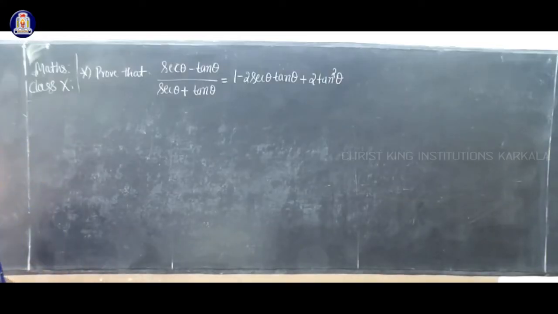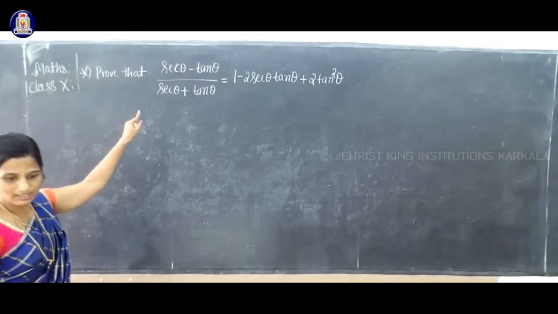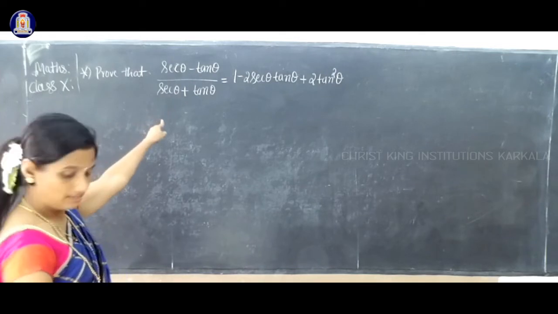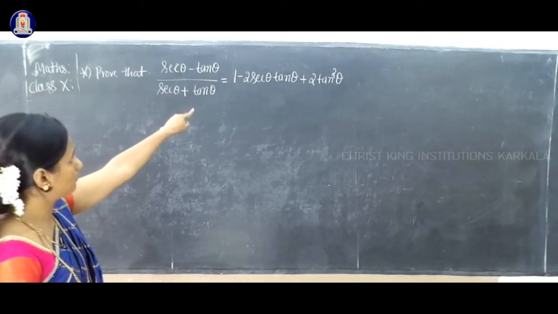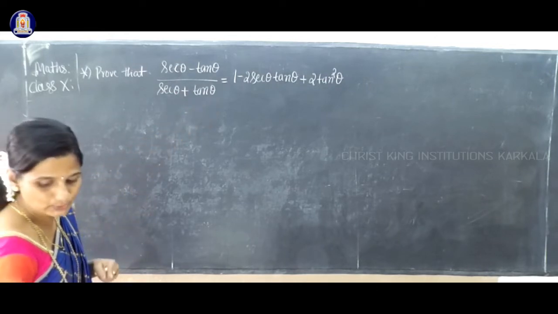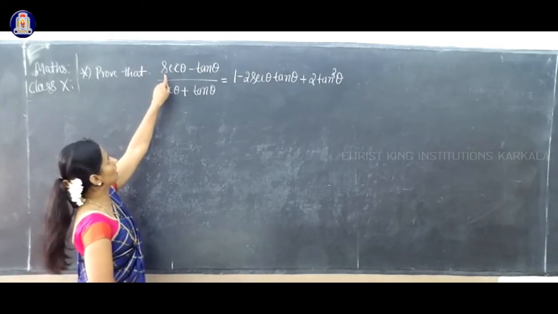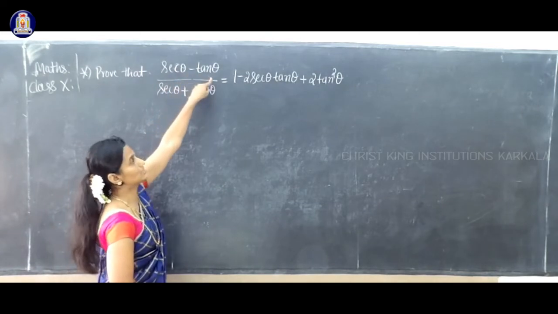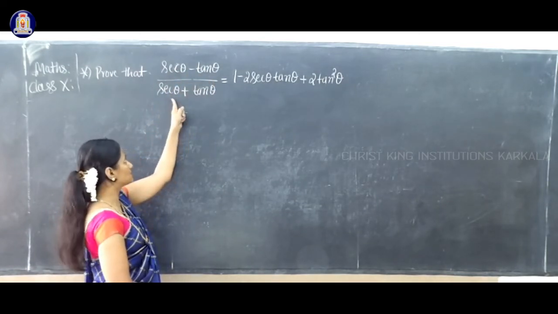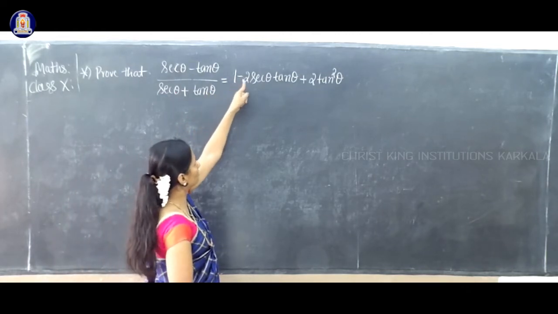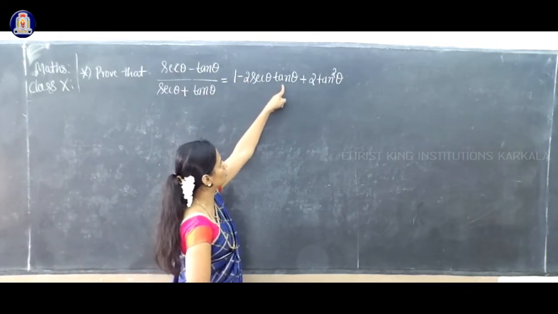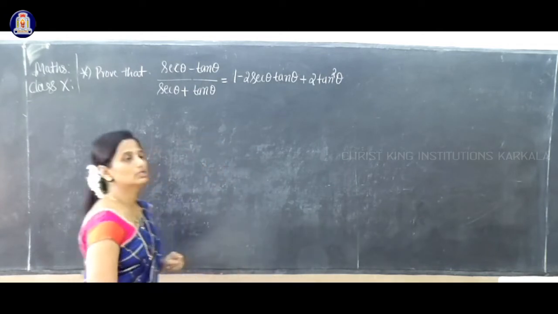Next question. Prove that (secant theta minus tan theta) divided by (secant theta plus tan theta) is equal to 1 minus 2 secant theta tan theta plus 2 tan square theta. See, prove that (secant theta minus tan theta) divided by (secant theta plus tan theta) is equal to 1 minus 2 secant theta into tan theta plus 2 tan square theta.